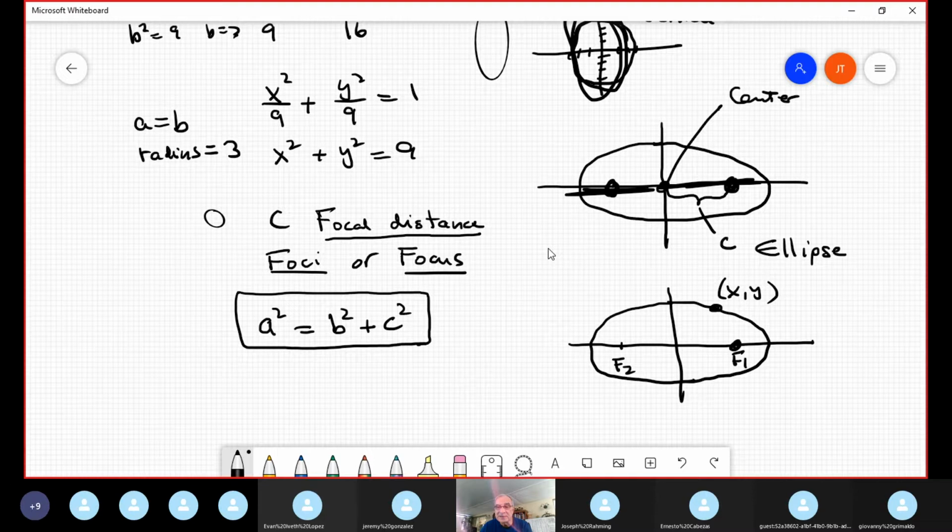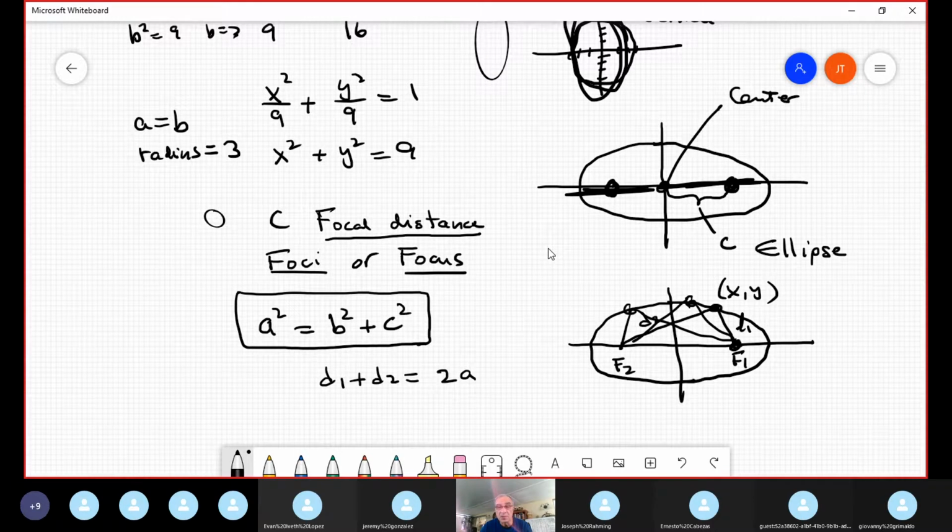And this distance I want to call D1, and this distance D2. Always D1 plus D2, for any point here, supposing another position, here, supposing another position, is equal to 2A.